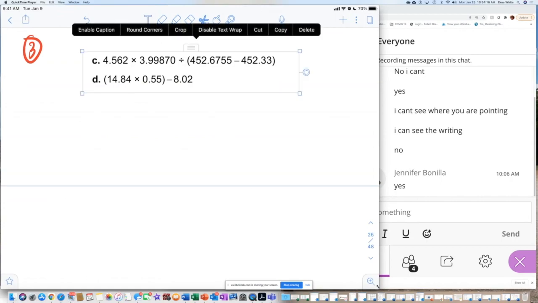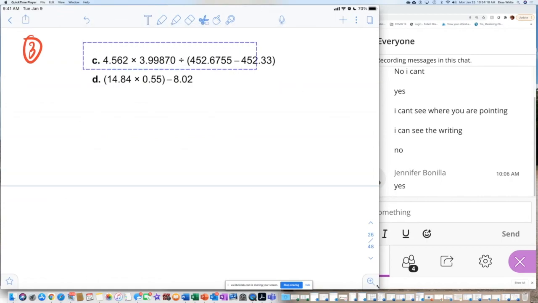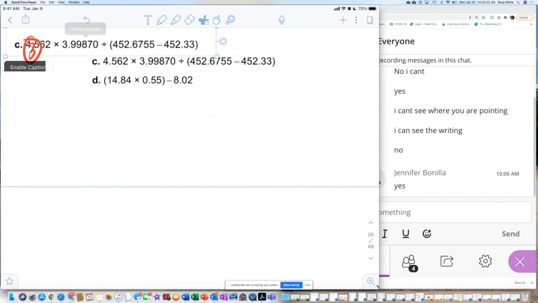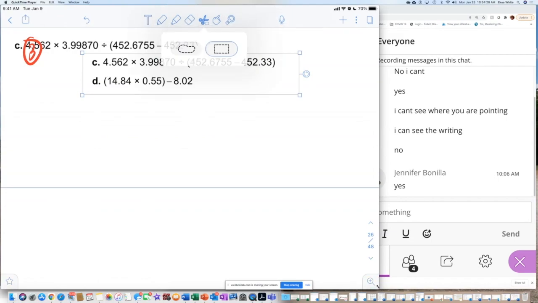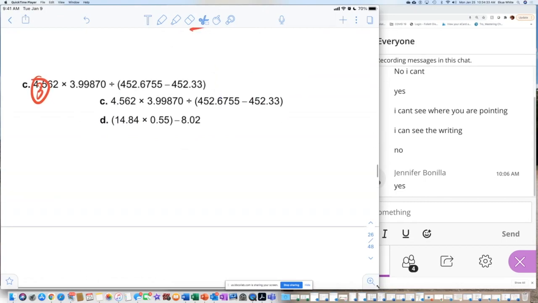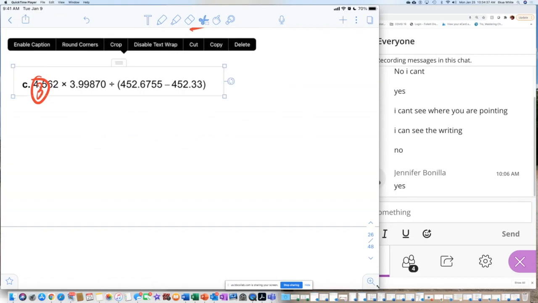Or just cut the top one. I don't know what I'm doing. This is what I need. Copy that part. Okay. Yeah, I was trying not to go back too much. Now I'm like, what did I do? Okay.